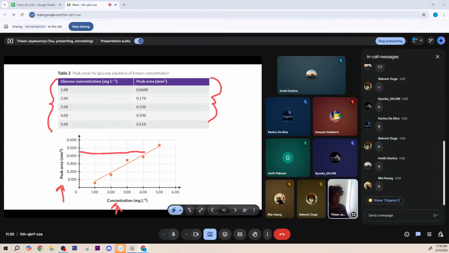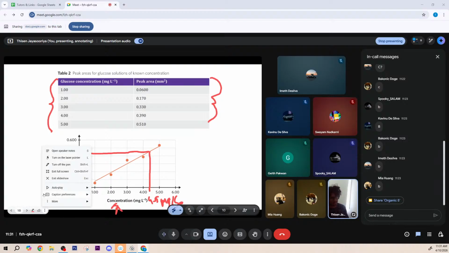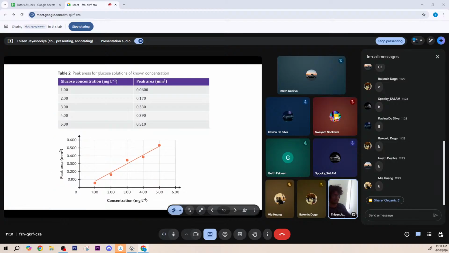Then we go down, and we can see that this is going to have a concentration of about 4.5 milligrams per liter. So essentially, it allows us to find out what the concentration might be depending on what that peak area is.